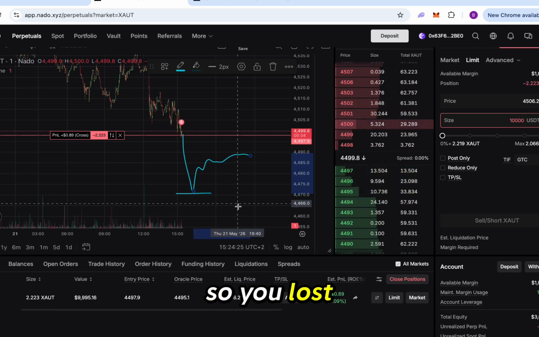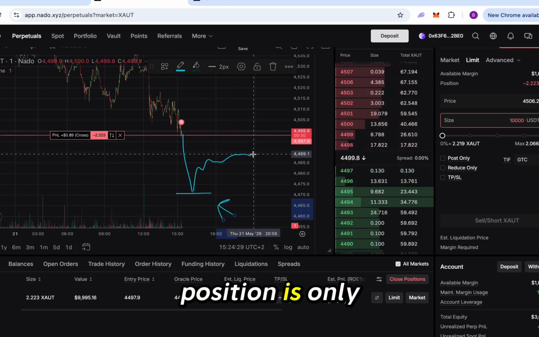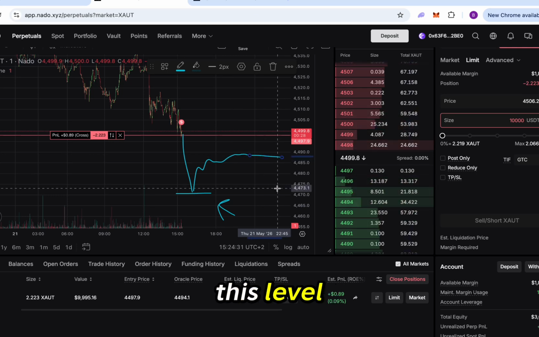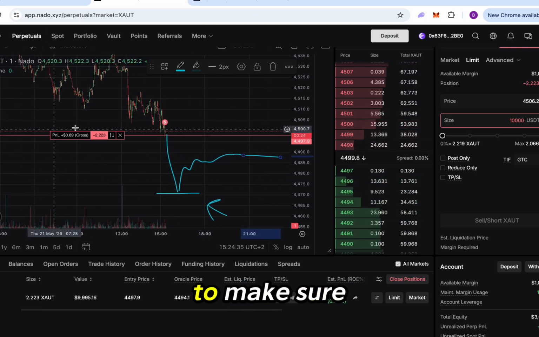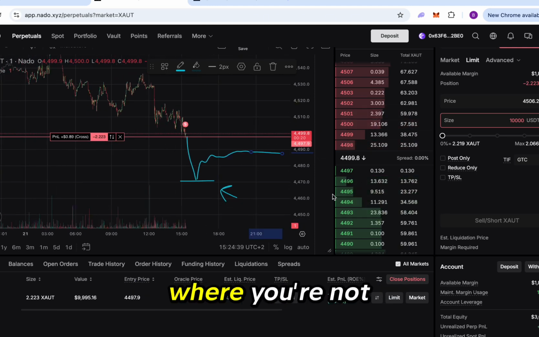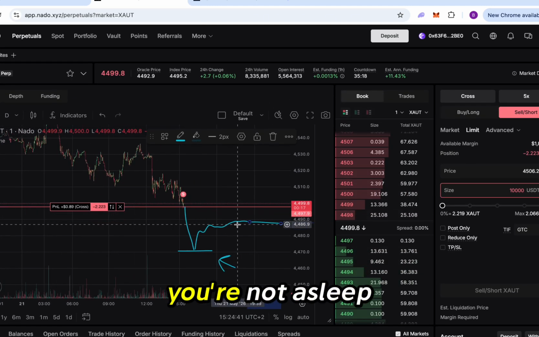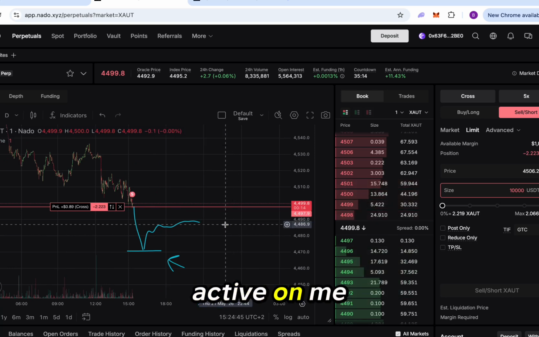So you lost all your money on VAR here, and now your position is only at profits of this level. So you lost a lot of money, basically. So you want to make sure that you are not getting liquidated while you're not up, or while you're not asleep, where you're not active, I mean.